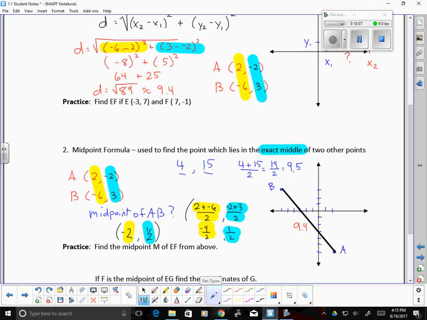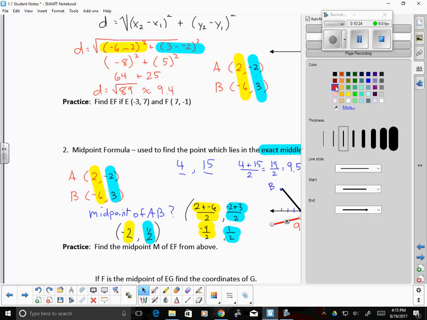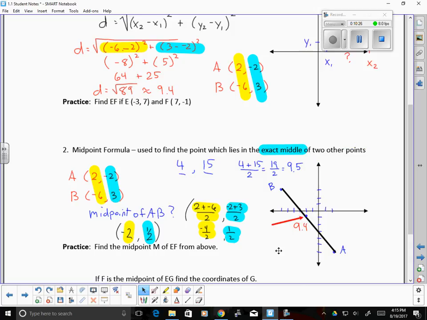And then the exact middle should be back -2 and down 1/2. So -2 and down 1/2, right there is our middle point. And we can see it, point to it there.